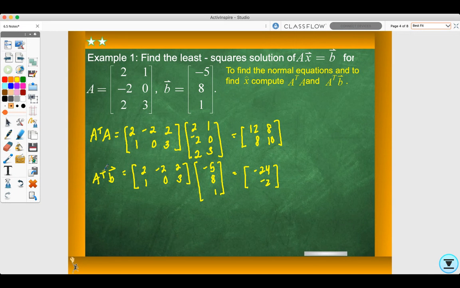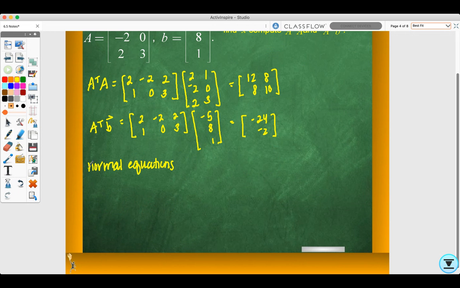So first we need to find our normal equations, and those are in the form A transpose A x equals A transpose b. So that would be 12, 8, 8, 10.